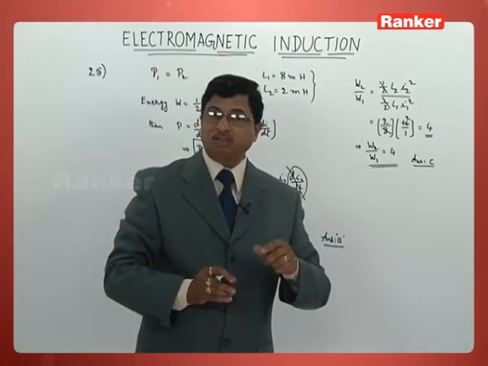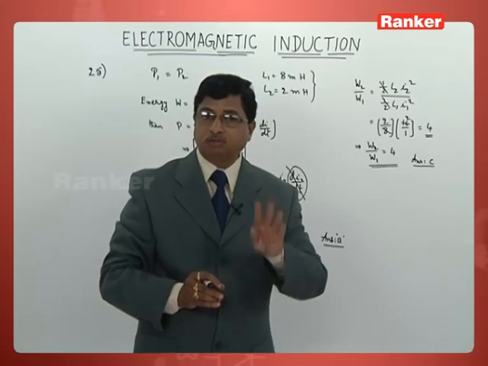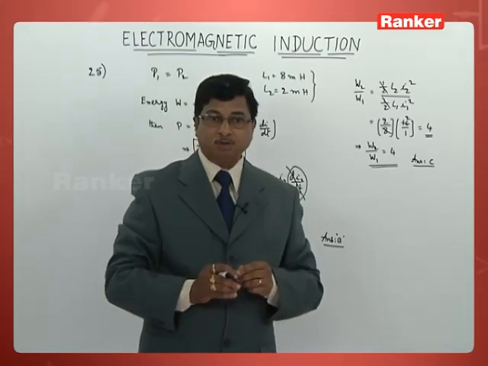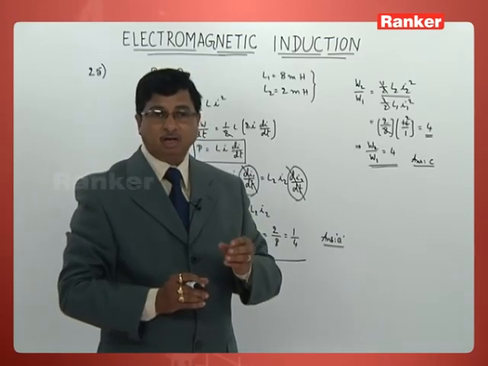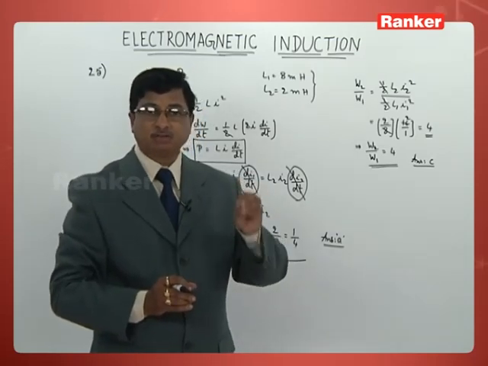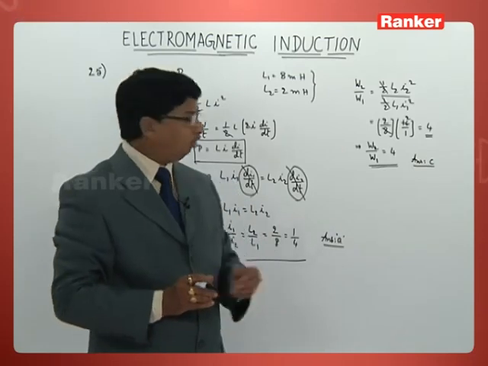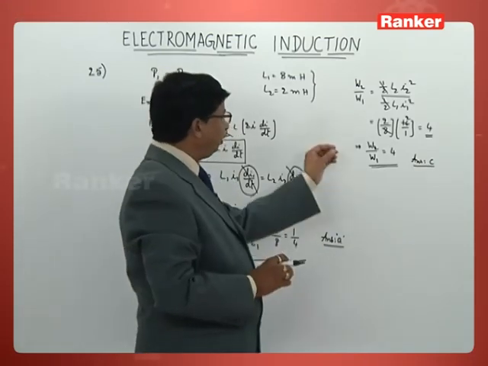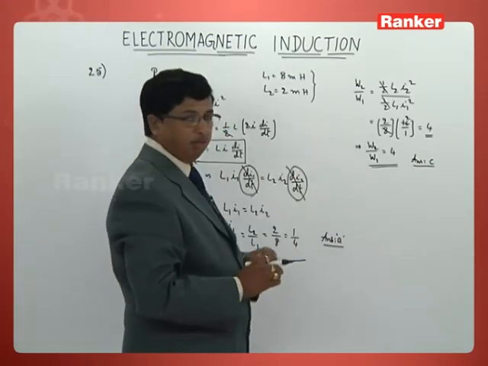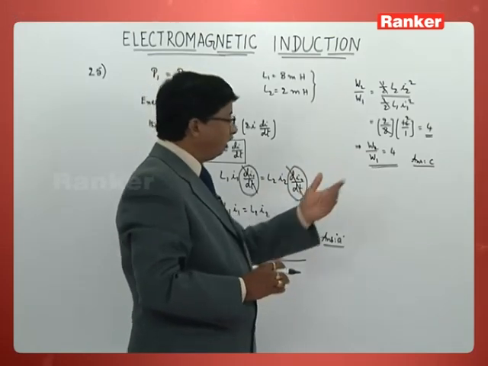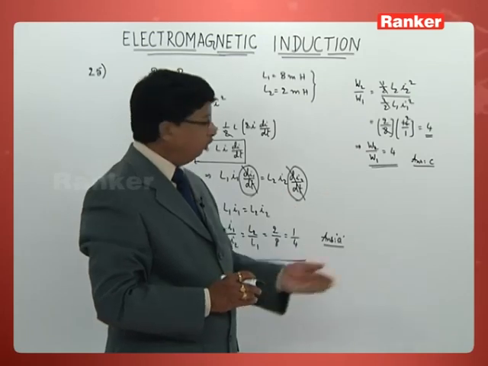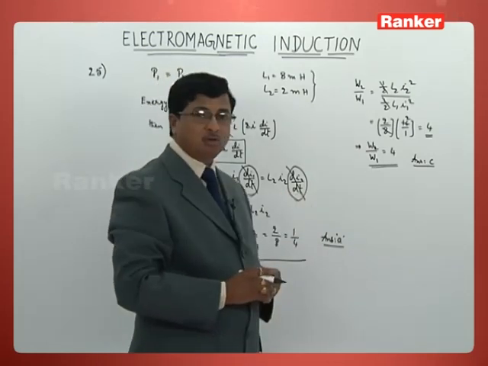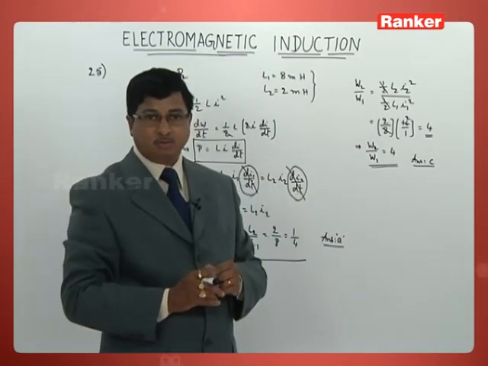V2 by V1 is equal to 1 by 4 is the fourth option given. What are V2 and what are V1? You can understand directly. They are the potential differences across the system. So truly speaking, when we talk about V2 and V1, V is equal to IR, we can write it directly. Out of that one, you can even take power is equal to V square by R also.